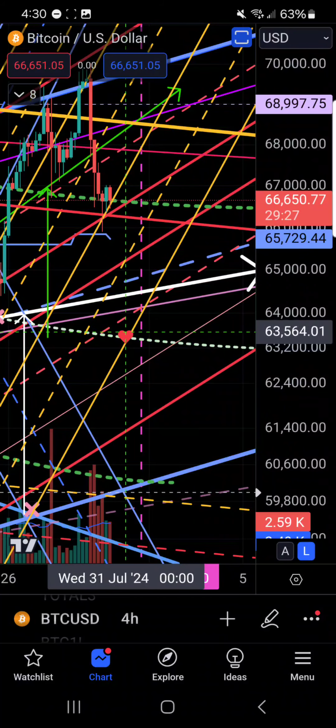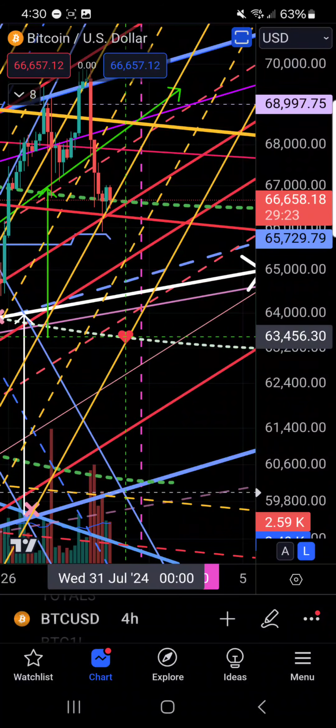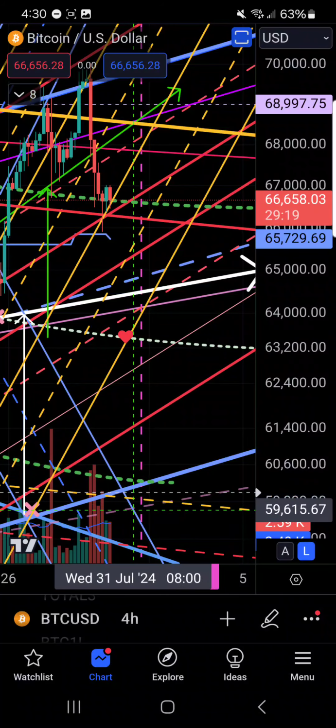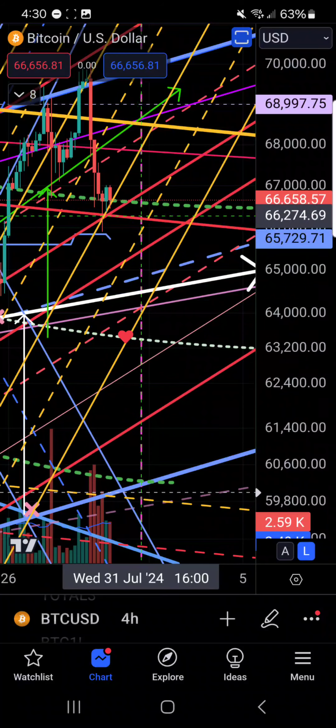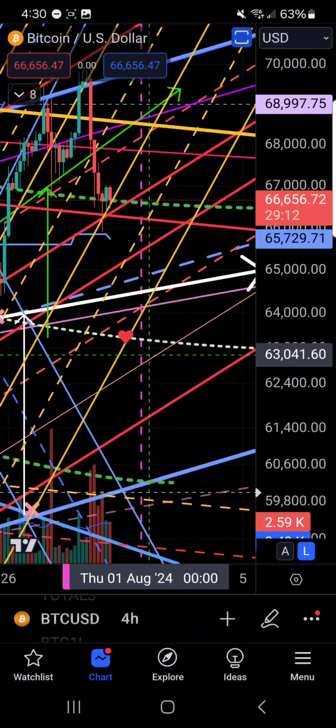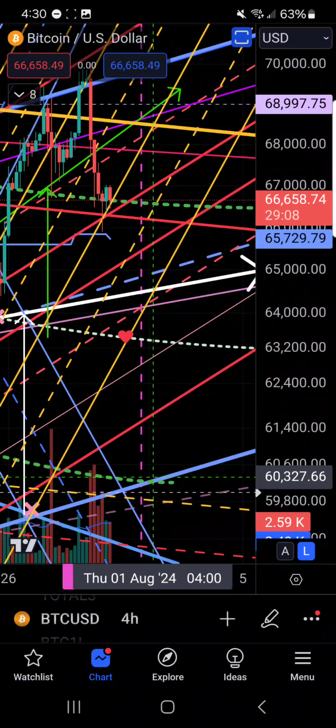and that could be as far down as we come, but it's only about another $3,000 or $4,000 to get down to. When you're playing with the Gaussian channel, it's hard to say whether you're going to stop at the mean band or come all the way down to the bottom.